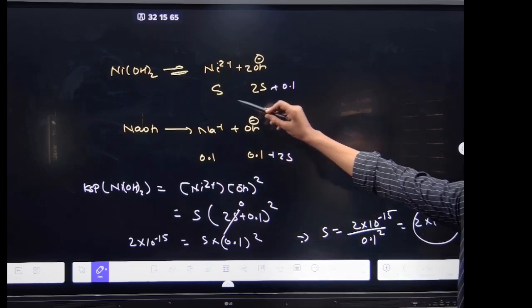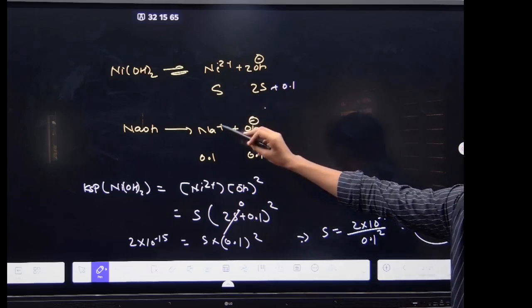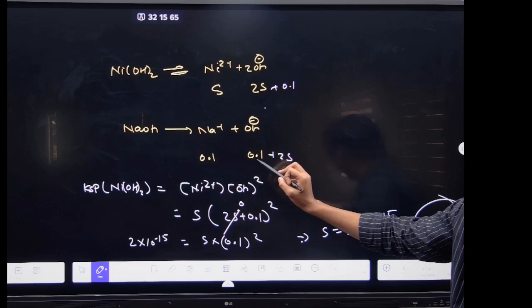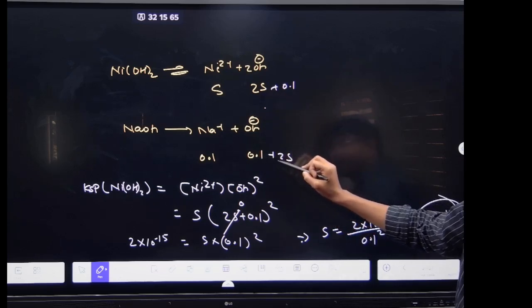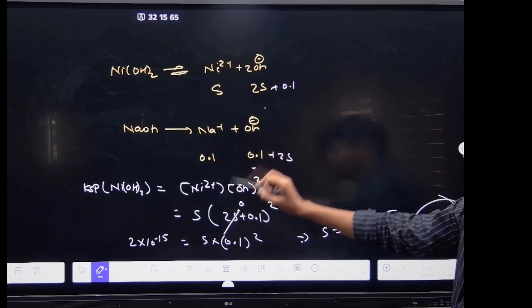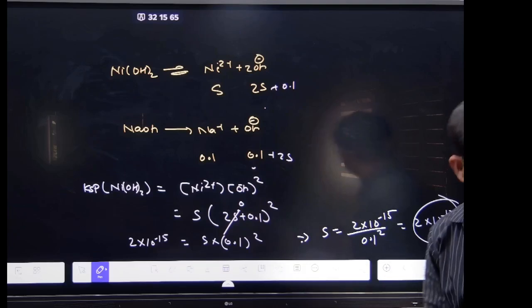So this is nickel hydroxide, S and 2S. Sodium hydroxide will ionize as 0.1 and 0.1. So 0.1 plus 2S you have to add, right? Again, 2S is very less with respect to 0.1. So I have ignored that one. That is all.